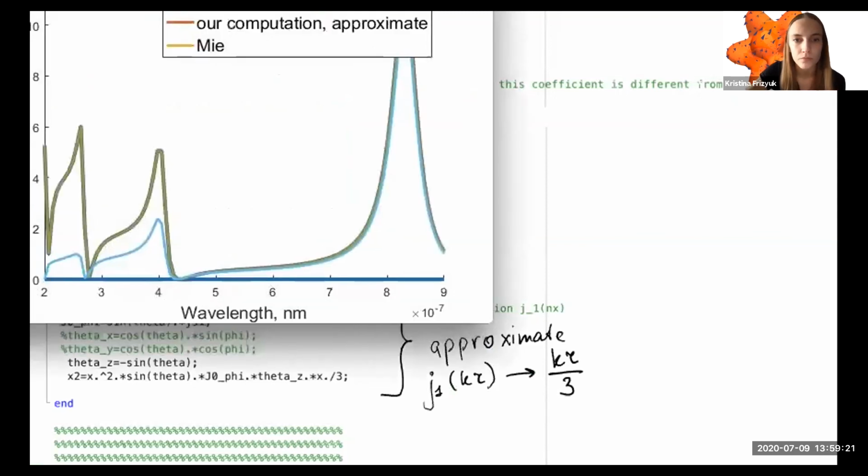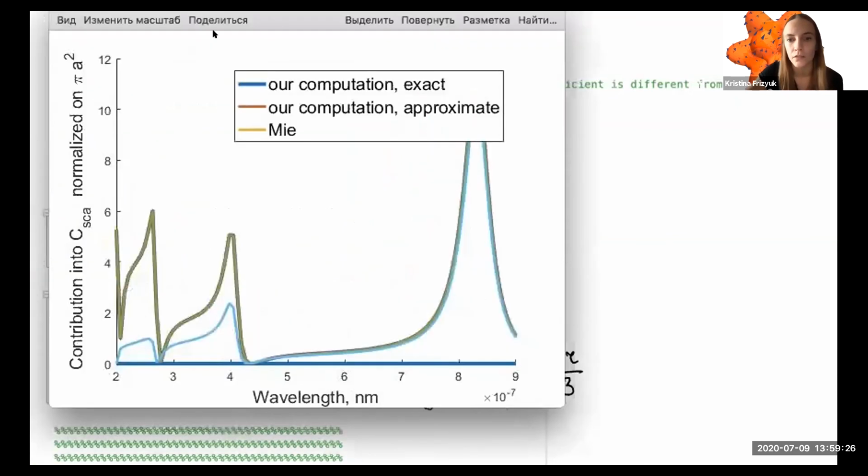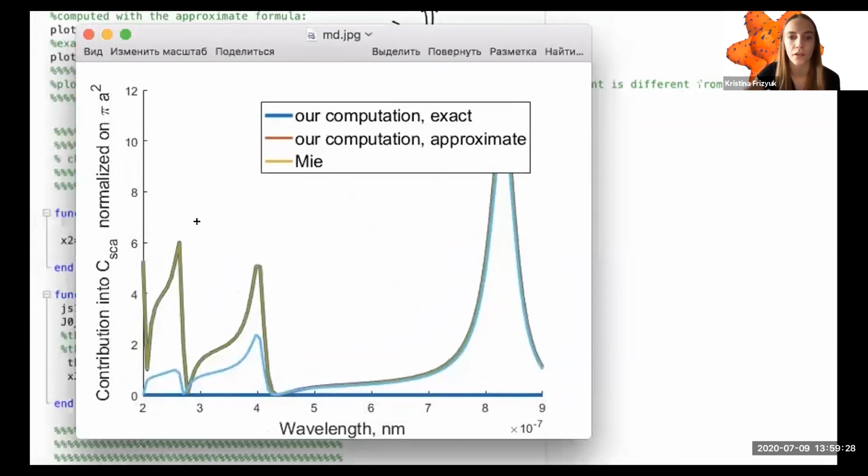So here from Idris, actually, thank you for the picture. Here you have that your computation now one more time coincides with the approximate formula, but you should change something in this function so that your Z line coincides with this guy, with Mie scattering.